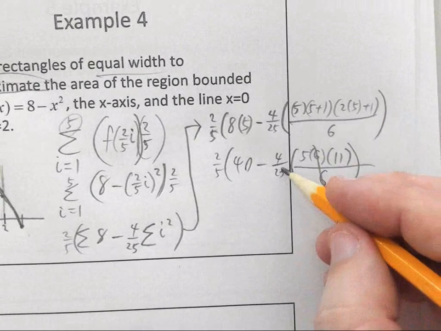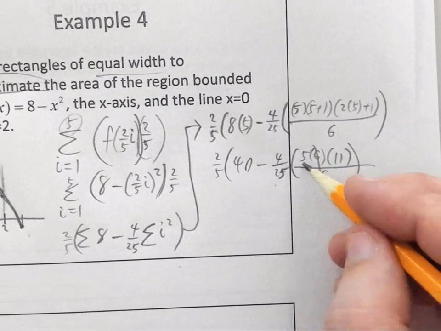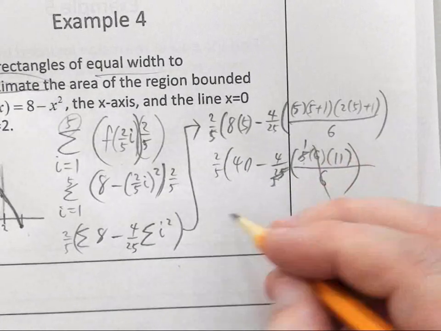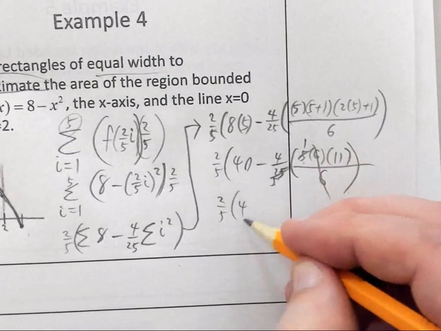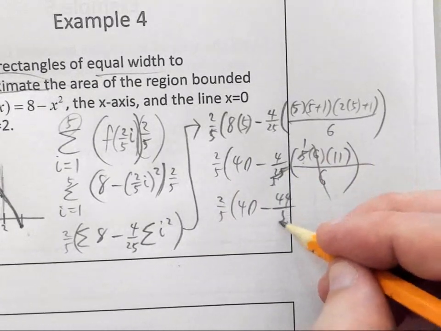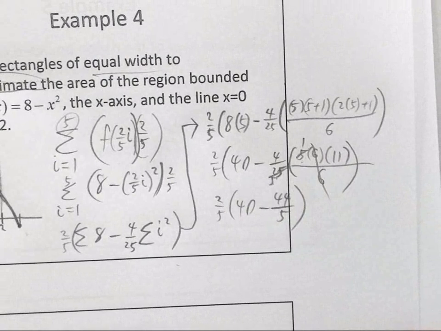The 6's are gone. You could do 55, or you could also cross off this 5 and 25. So you start with 2/5 times 40 minus 44 over 5. At that point, look at the calculator.